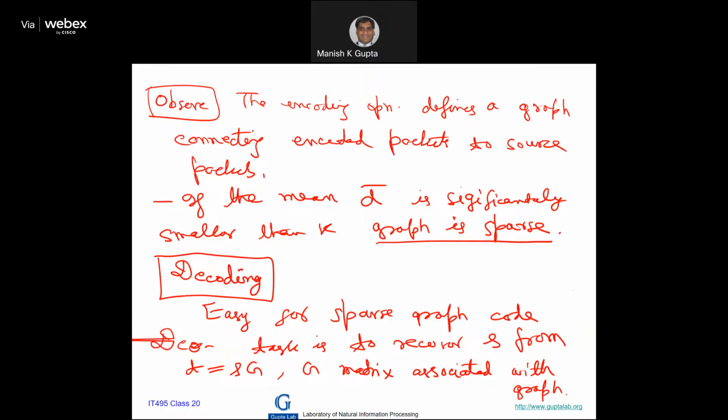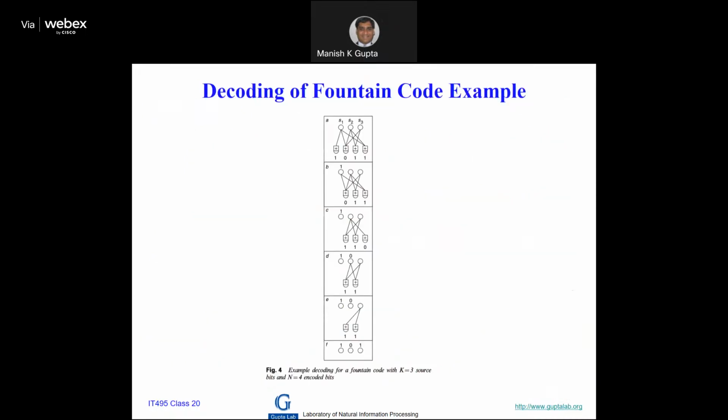So let me show you the message passing algorithm with the toy example. In this picture, you can see that there are 3 source packets, S1, S2, S3, and 4 encoded packets, which I am denoting T1, T2, T3, T4.